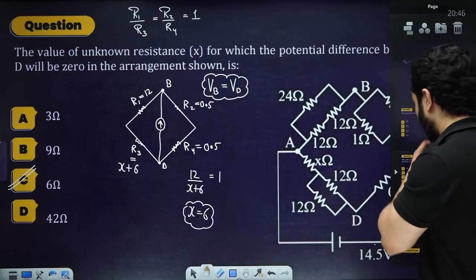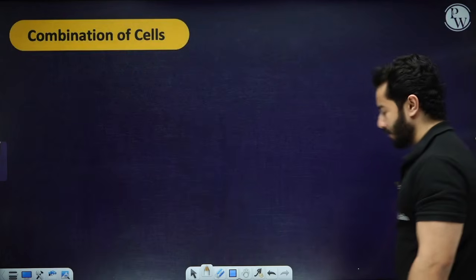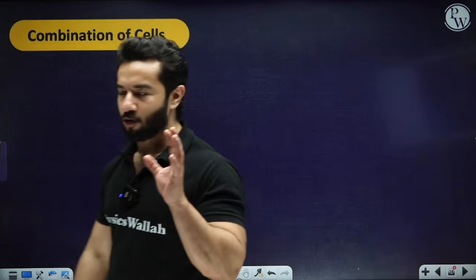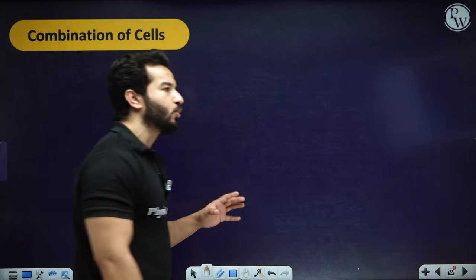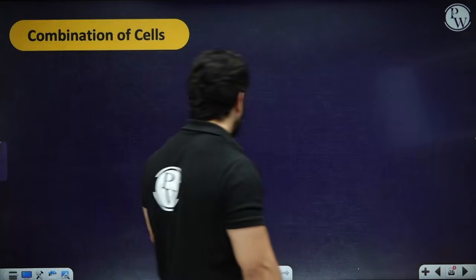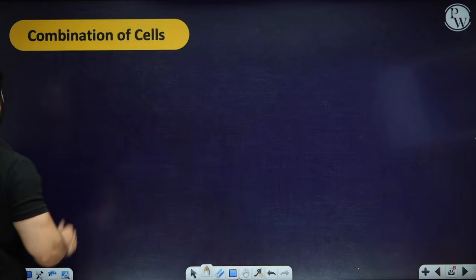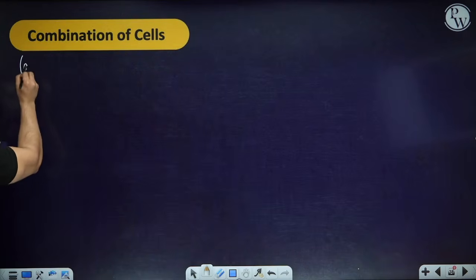Now let's move to another topic, combination of cells. The topic is really easy, not to worry about anything. We are going to talk about two types of combinations of cells over here. First is series combination.